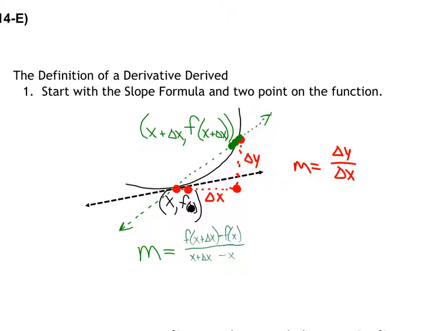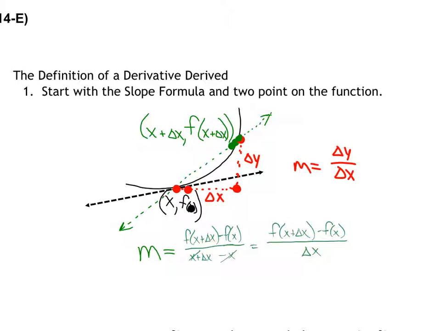Alright, so if you think about this, we just found the slope of the secant line. It's f of x plus delta x minus f of x, all over, notice the x's cancel out in the denominator, delta x. Okay?